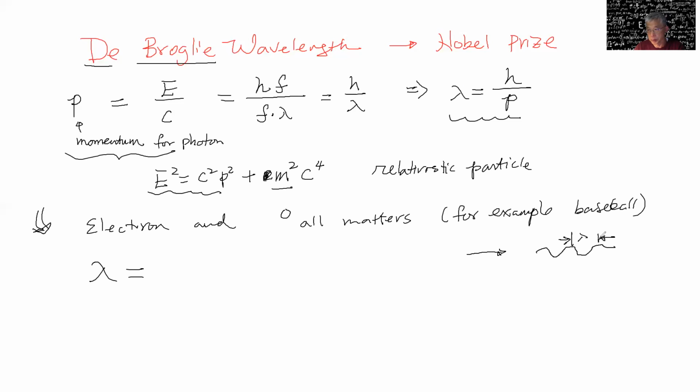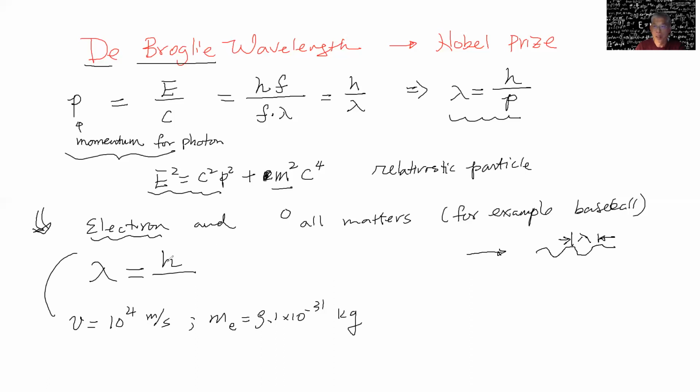And he was right. So for an electron, for example, let's say the electron is moving at a velocity equal to 10 to the 4 meters per second. And we know the mass of the electron is 9.1 times 10 to the negative 31 kilograms, everything in SI units.